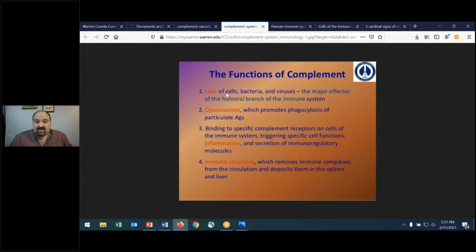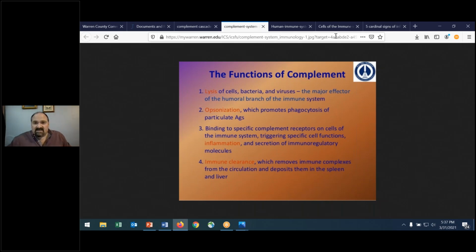And then lysis, that creating of that hole within the cells, the infected cells, the bacteria, the viral infected cells, the major effector of the humoral branch of the immune system. Meaning, we actually have a direct contact with those infected cells or the bacterium, and we're destroying them actively, okay?